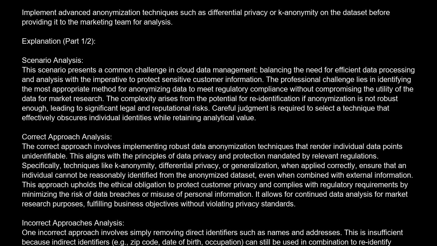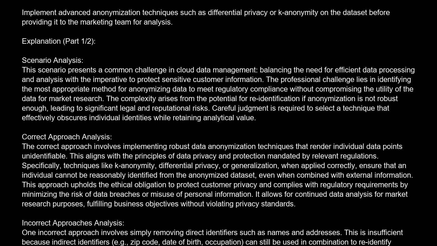Correct approach analysis. The correct approach involves implementing robust data anonymization techniques that render individual data points unidentifiable. This aligns with the principles of data privacy and protection mandated by relevant regulations. Specifically, techniques like k-anonymity, differential privacy, or generalization, when applied correctly, ensure that an individual cannot be reasonably identified from the anonymized dataset, even when combined with external information.